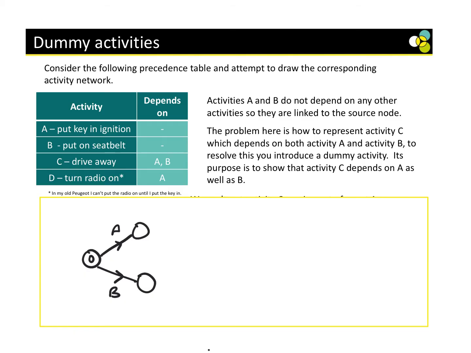C is dependent on A and B, and D is just dependent on A. So I know I can just do this for D, because that's just dependent on A. C, on the other hand, is dependent on A and B, so I need to connect A and B. The only way to do that is by using a dummy line.